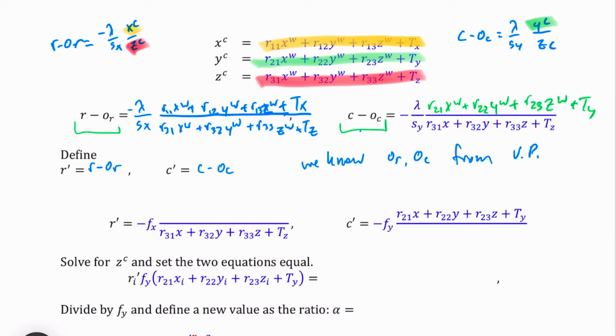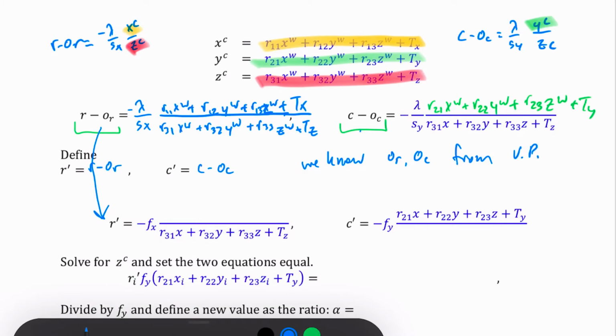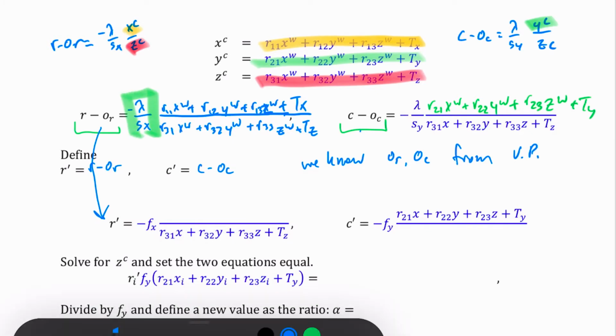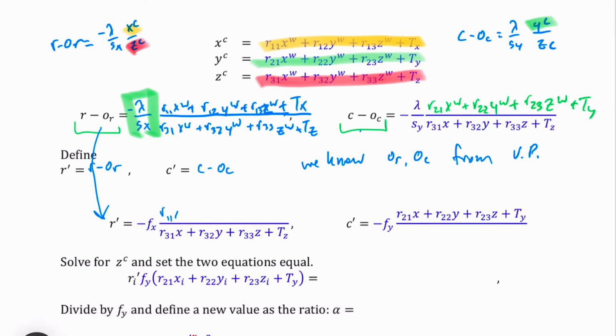And so that allows us then to rewrite this equation down here, especially if we do our simplification, that this term here is our focal parameter. So then we can say that r prime is equal to minus fx times r11 x world plus r12 y world plus r13 z world plus tx.